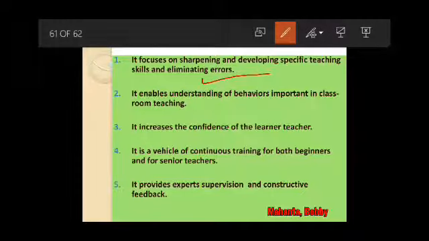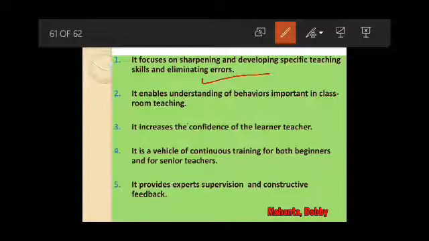It helps in sharpening and developing the specific teaching skills in the learner, and it tries to eliminate the errors or the unrequired or undesirable teaching procedure or techniques that has been adopted by the trainee, whichever the trainee adopts. Okay, so eliminating those unwanted and sharpening those that are desirable.